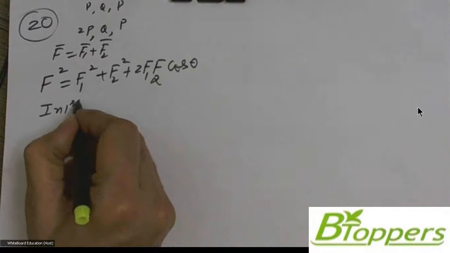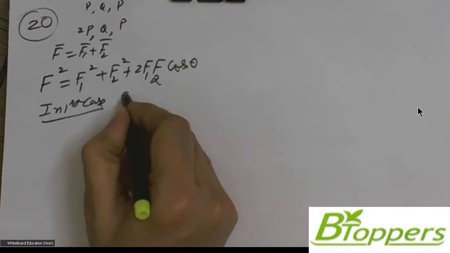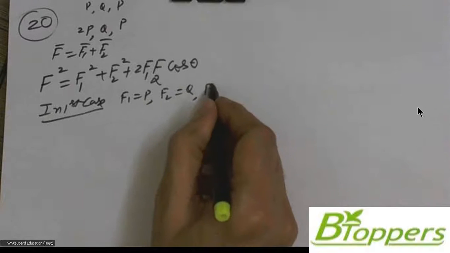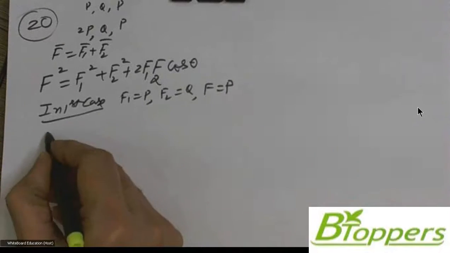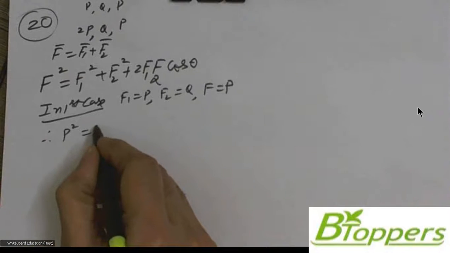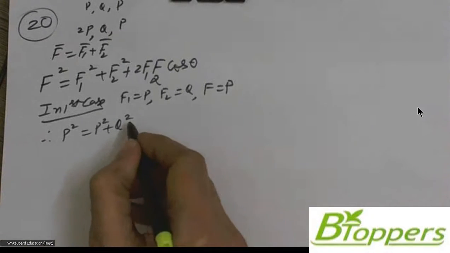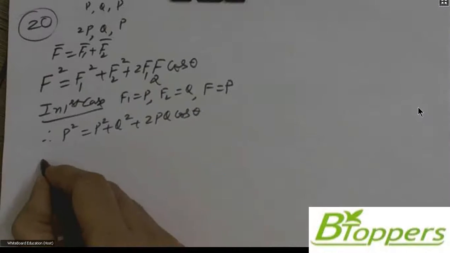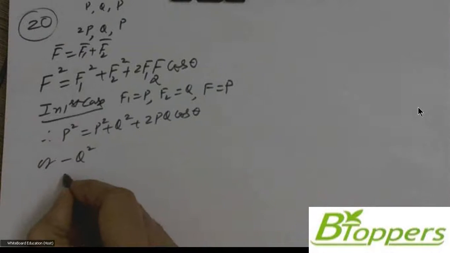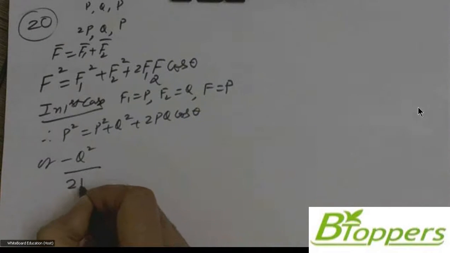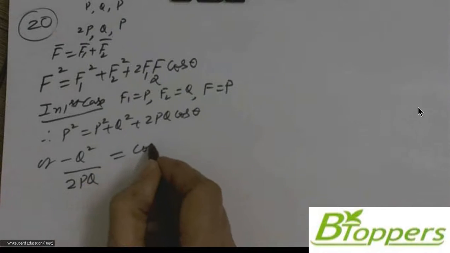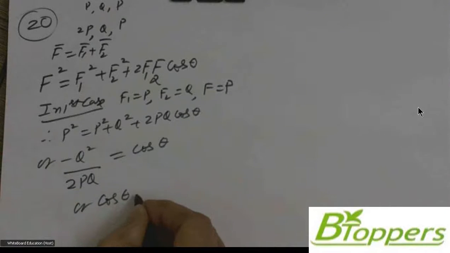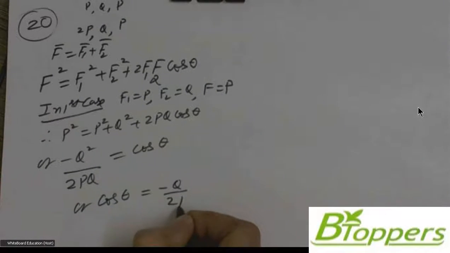So in the first case, F1 is P, F2 is Q, F equal to P. Therefore, we get P square equal to P square plus Q square plus 2PQ cos theta. P square gets cancelled both sides. Simplify this, you get minus Q square by 2PQ equal to cos theta. We get cos theta equal to minus Q by 2P.